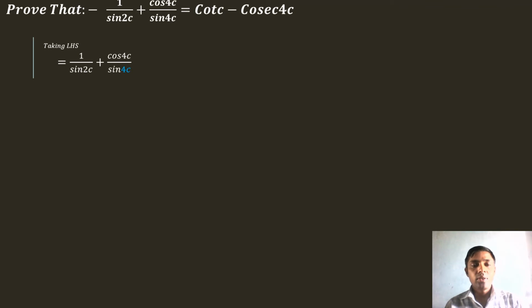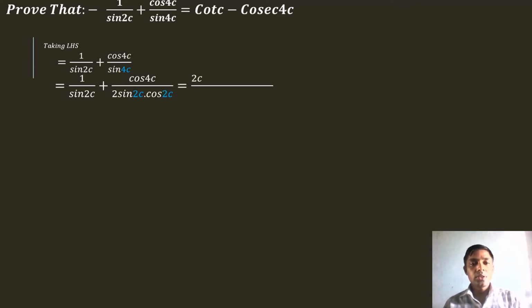In the denominator there is sin 2c and sin 4c, so we can write sin 4c in sin 2c format as 2 sin 2c dot cos 2c, so that we can take the LCM as 2 sin 2c dot cos 2c. Then after taking the LCM we get 2 cos 2c plus cos 4c as it is, and the denominator will be 2 sin 2c dot cos 2c.